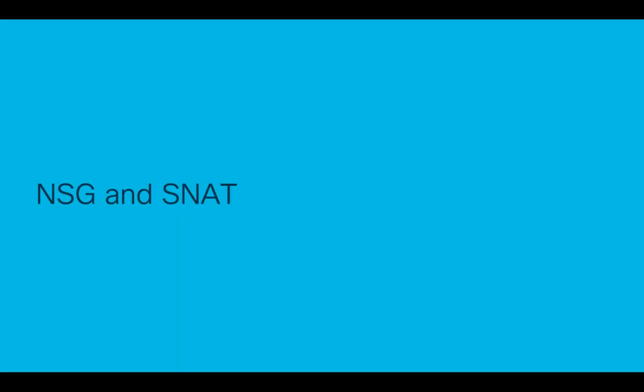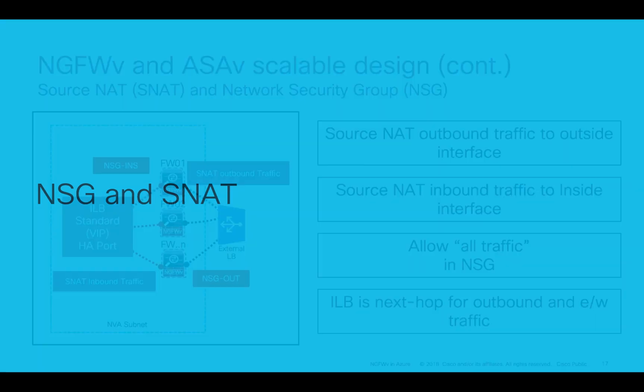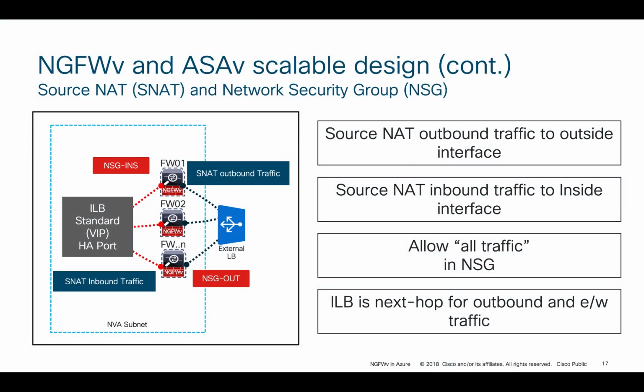Now let's talk about NSG and source NAT. I have already talked about source NAT in detail. Just to rephrase, if your traffic is outbound, we source NAT it to the outside interface. If traffic is inbound, we translate the source to the inbound interface or inside interface. Now there is a mandatory requirement from Azure.